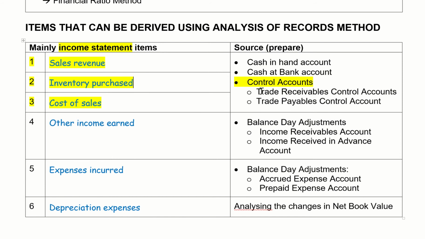The trade receivables account does show the sales revenue account, and the trade payables control account does show the inventory purchase account. So if you need to derive the sales revenue, you can look through trade receivables, and if you need to derive the inventory purchase, you can look to the trade payables.